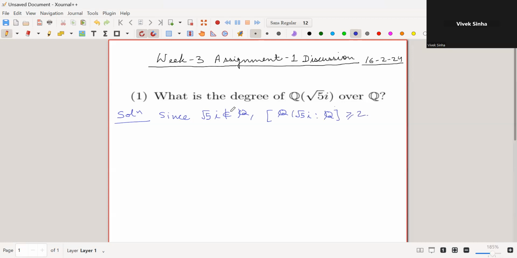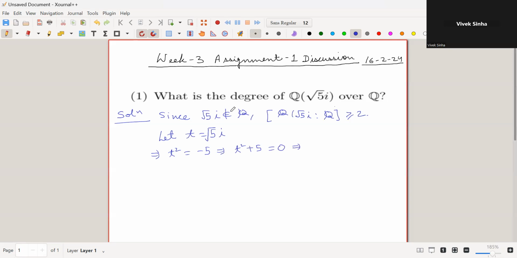And also, let's say t is equal to root 5 eta. This implies, if we square both sides, t square is minus 5, which implies t square plus 5 is equal to 0.